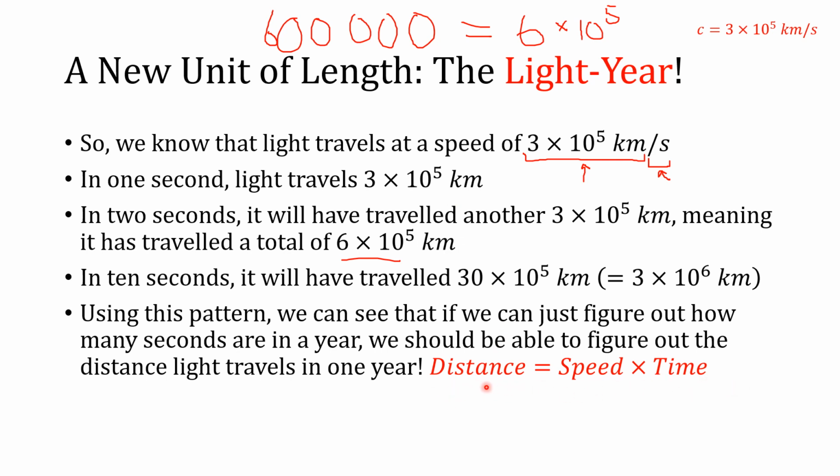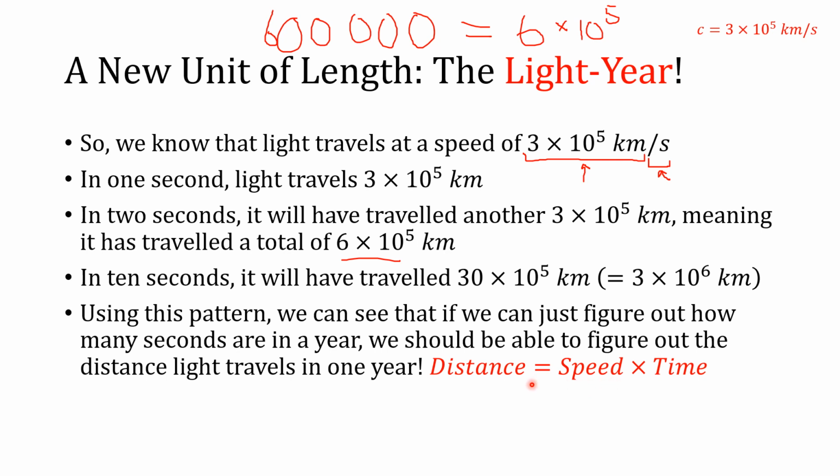The distance that light travels is the speed at which it travels, which is always that number, times the time that we're interested in. The time that we're interested in is a year, but we don't know how to work with a year right now because the speed is given to us with seconds. So we need to figure out how to write down 1 year in terms of seconds, and then we can multiply that by the speed.